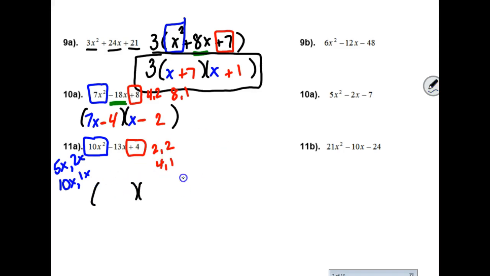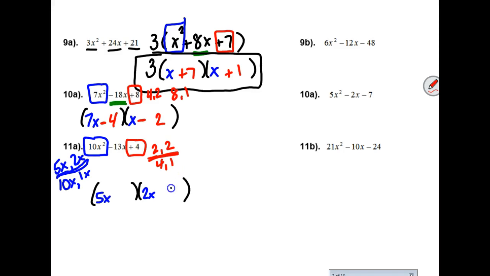So a little educated guessing, not always surefire, but educated. Our teachers usually tell us to pick the numbers that are closer together, especially if that middle number is not really big. So 5x and 2x, I'm going to start there. Now, because of our experience with factoring, if it's 5 and 2, then that means you can't have 2 and 2.